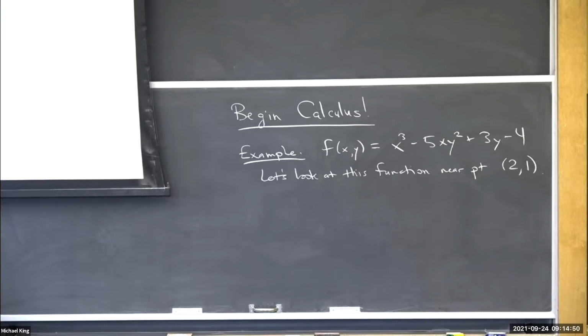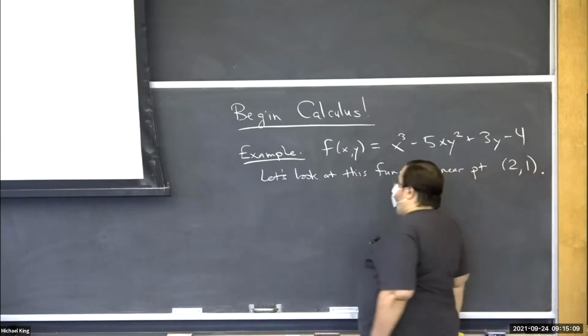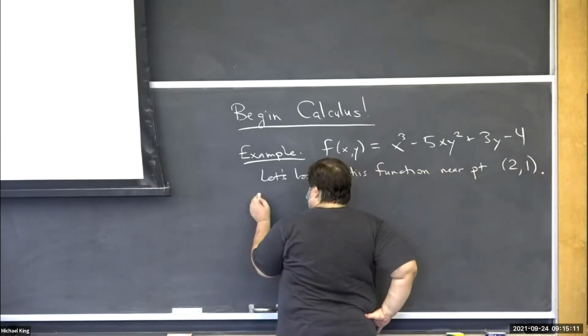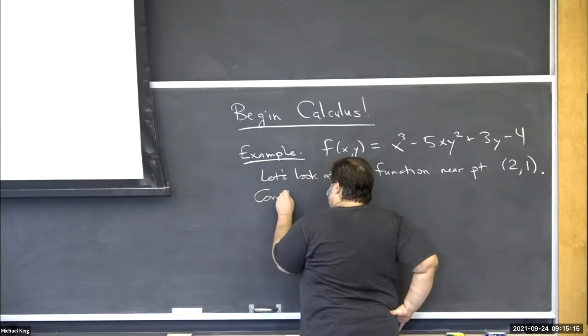If I look from above, x is horizontal and y is vertical, so 2, 1 is over 2, up 1. It's some point on this graph. I want to think about this conceptually first: what is something like instantaneous rate of change? Let's consider rates of change, because that's what calculus is all about.